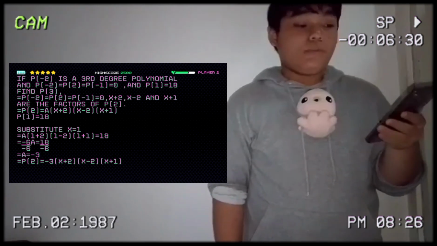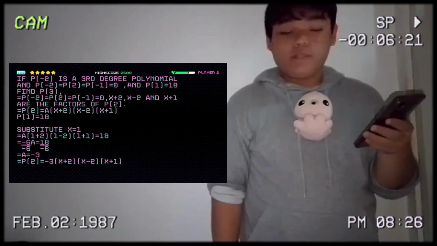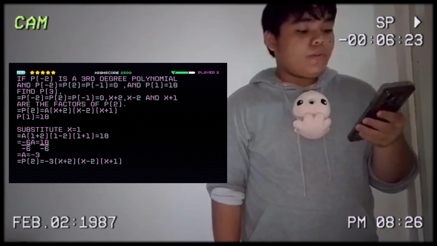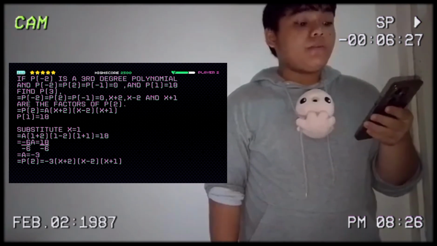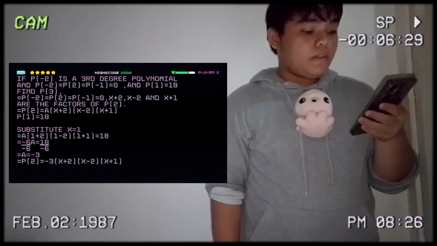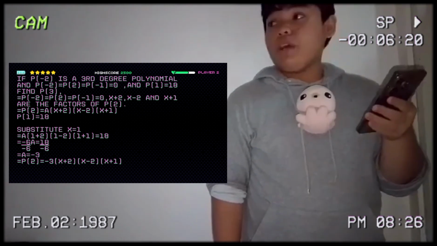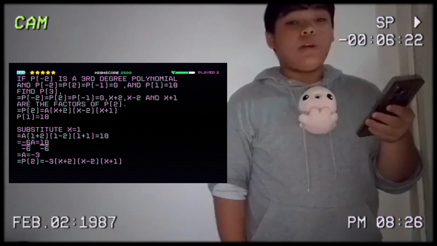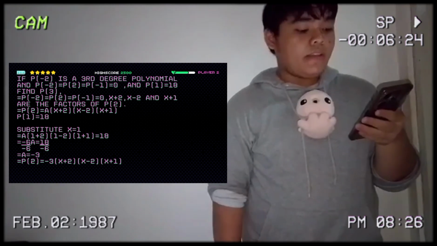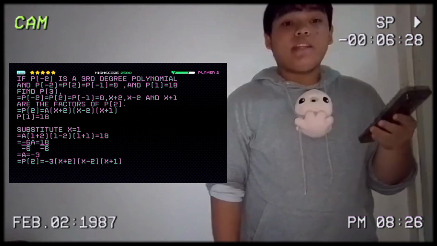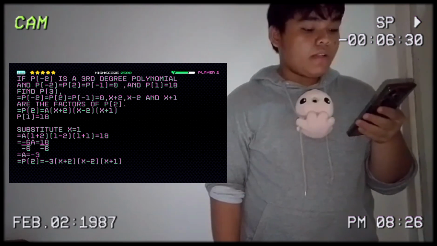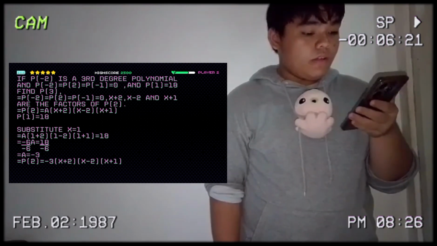And p of 1 is equal to 18. So we are just going to substitute it. So it's going to be a times 1 plus 2 times 1 minus 2 times 1 plus 1 is equal to 18. So after we multiply it all, it's going to be negative 6a equals 18.